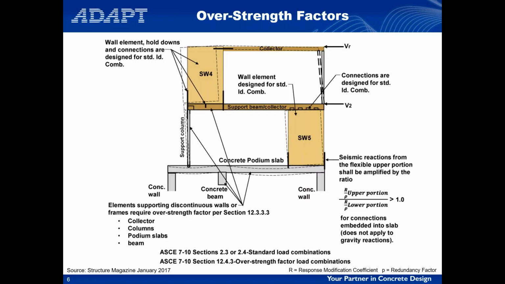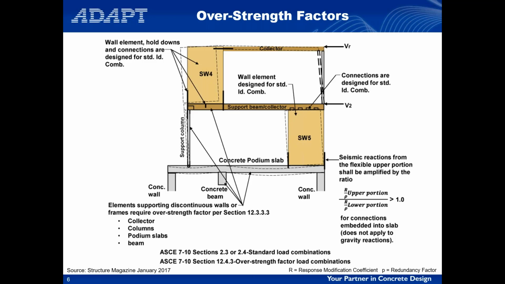This is another diagram that I thought was interesting, which I borrowed from the article I referenced. Here it shows the more flexible superstructure for the structure above, and then the interface between the more flexible superstructure and the more rigid post-tension podium structure below.